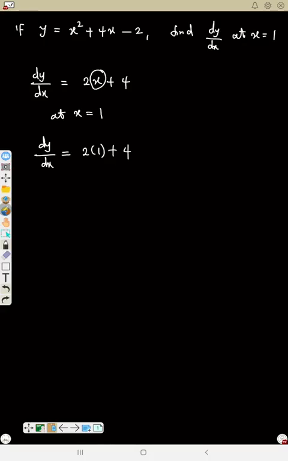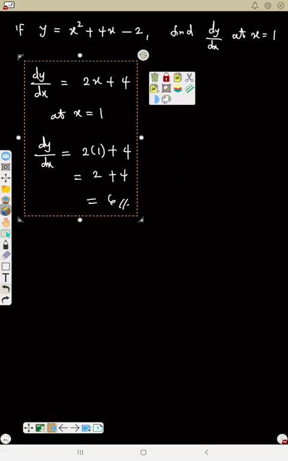That is why I write 2 brackets instead of 2x, that will be 2 bracket 1 plus 4. Now what is 2 times 1? 2. Then plus 4. So the final answer will be 6. So that is how you tackle a question that says find the dy dx at x equals anything. That means after you differentiate, then you put in the value of x.